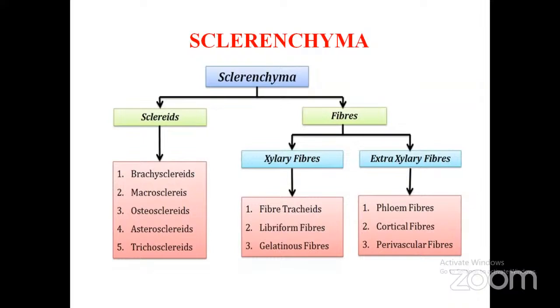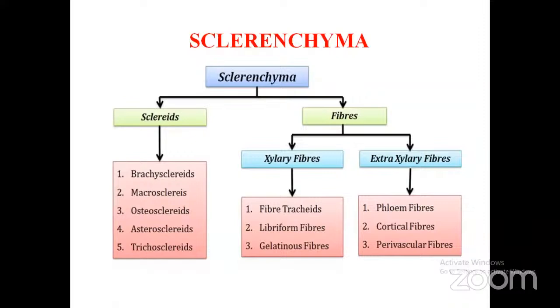The parenchyma is mostly made up of abundant cellulose. In the collenchyma cell wall, cellulose, hemicellulose, and pectin substances are present.